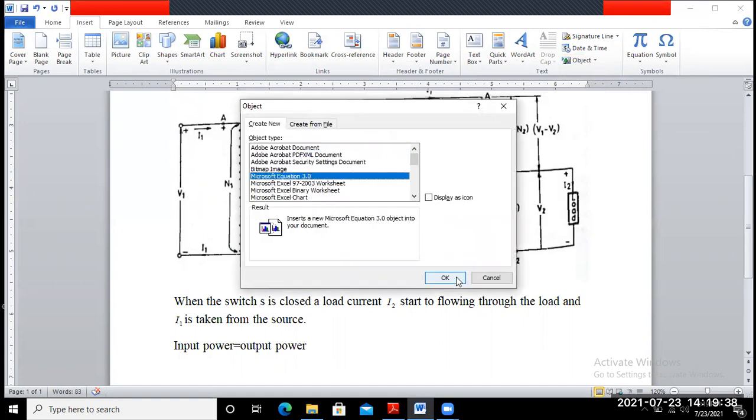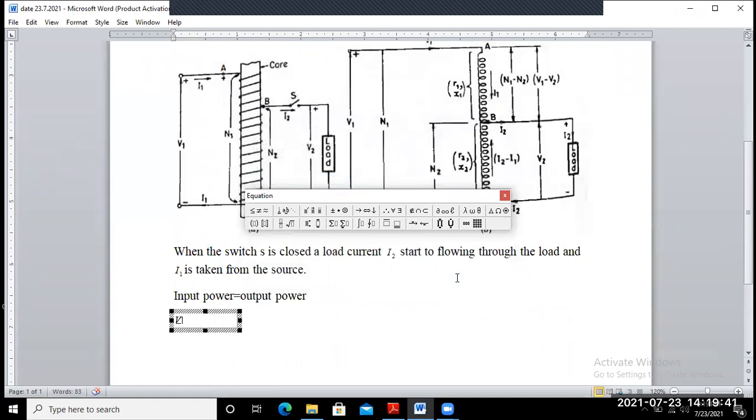It is represented by V1 I1 cos theta 1, where cos theta 1 is your input power factor, equal to V2 I2 cos theta 2.